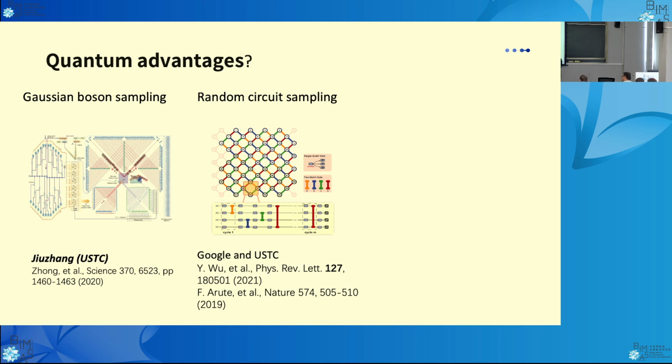I want to mention these experiments because if you dig into details, it's hard to say whether they're advantageous or not, because these experiments give exponentially small rates of the correct answer, and classical computers don't do that.